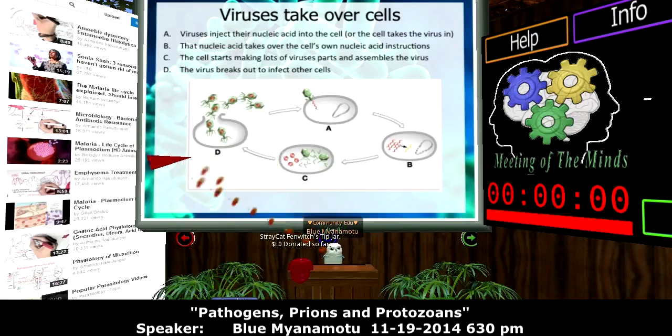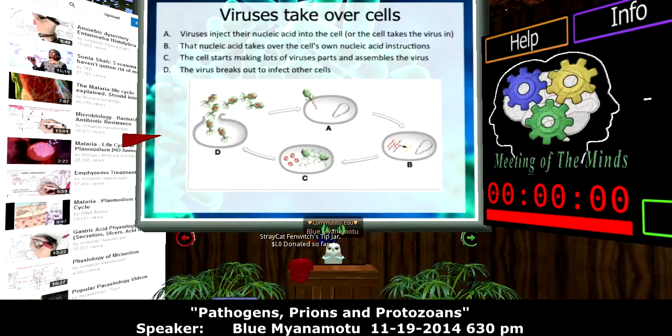And what they do now is create more and more and more virus, so much so that the cell bursts, it dies obviously, and releases all of these viruses into your body to infect other cells, other lucky cells. Okay, so this is the basic cycle.